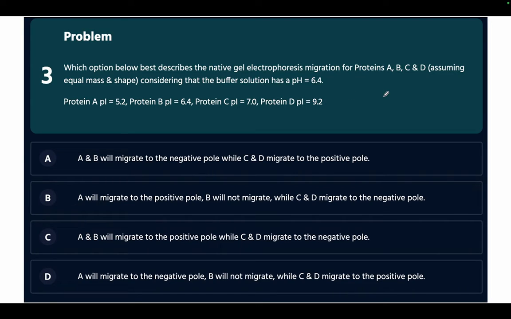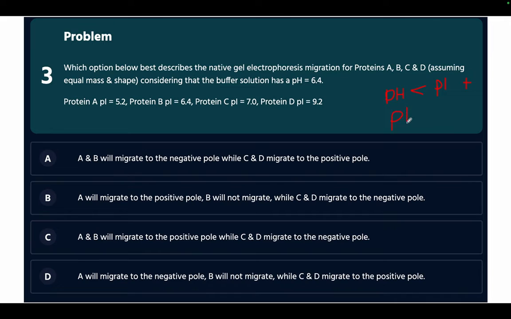So now if pH is less than pI, the protein will carry a positive charge, right?